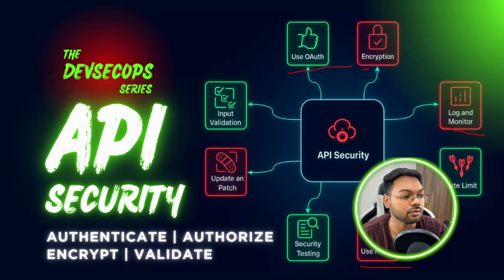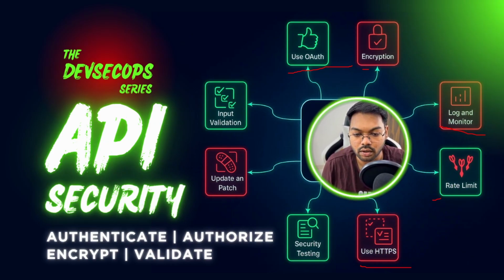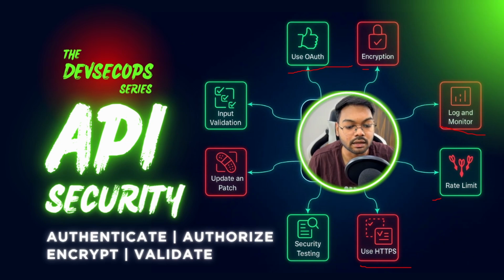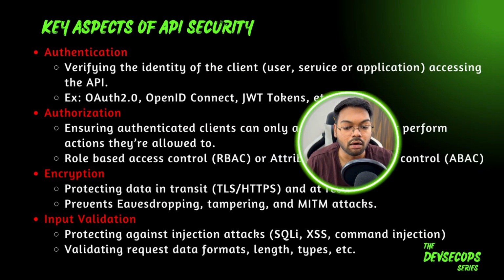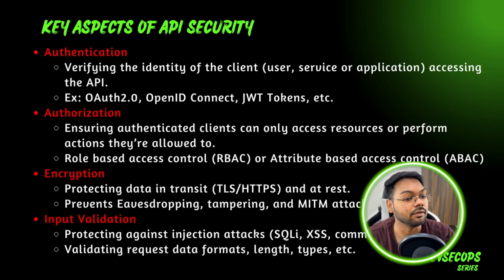I don't know if you can see: use HTTPS, then security testing, update and patch, input validation, and all these things. You can do a lot of these things to enhance the security posture of your applications. If you don't do it, don't expect any security for yourself or your consumers.